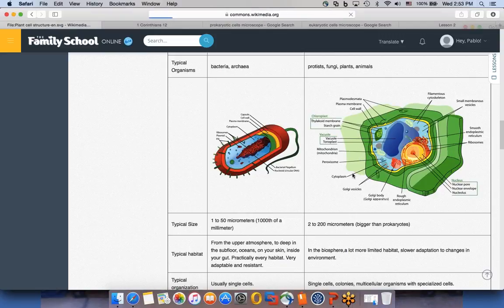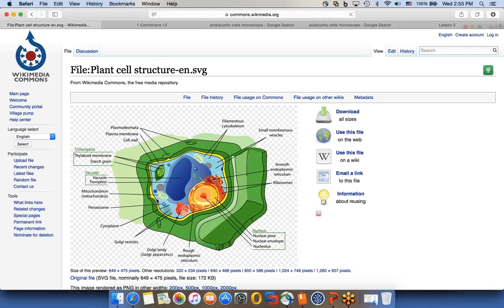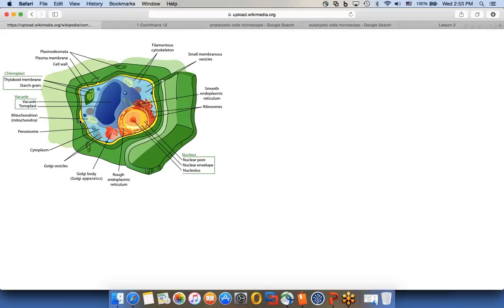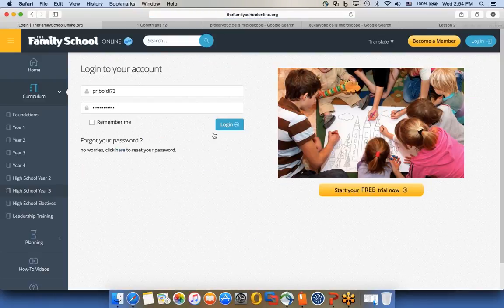So if you were to compare the size, let me put the file here. This is a eukaryote cell of a plant, and this little mitochondria would be the size of a prokaryote cell. So very, very small. Does that make sense?